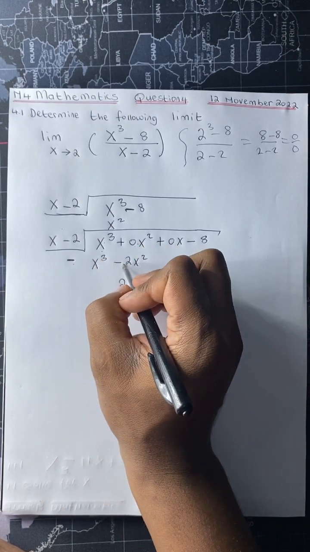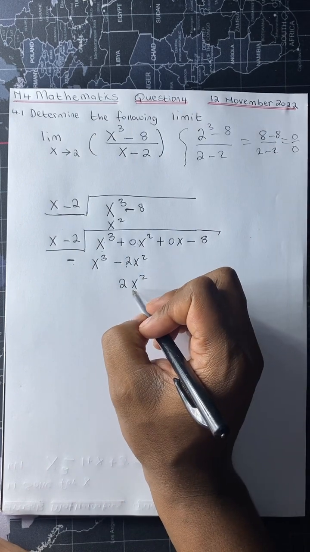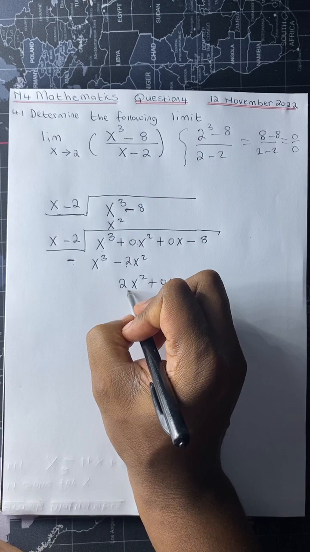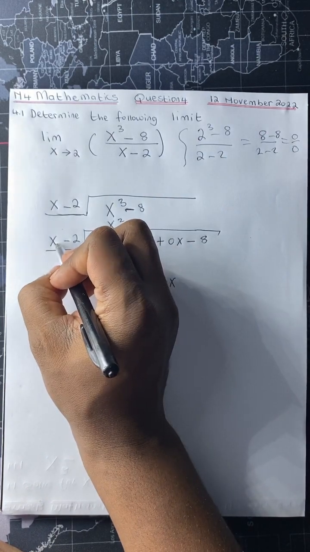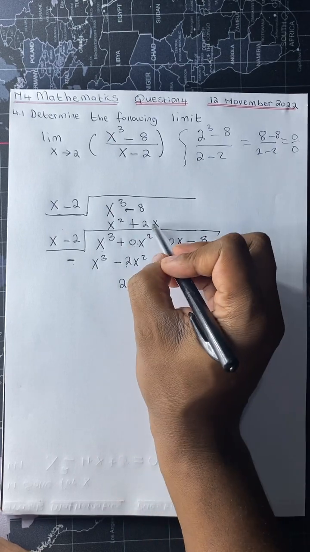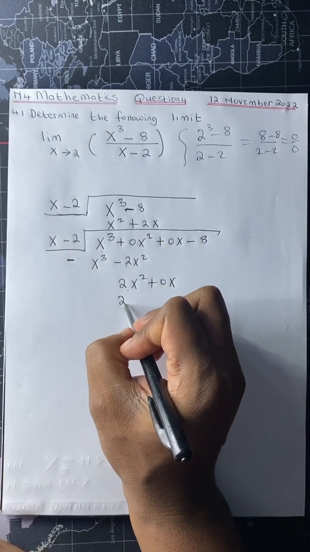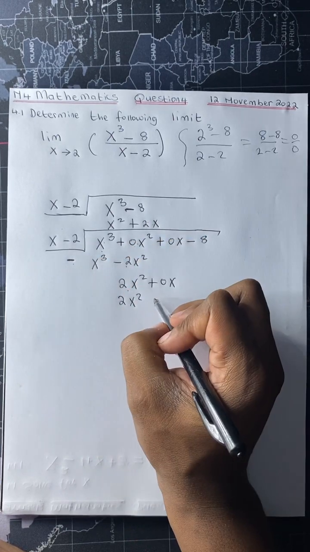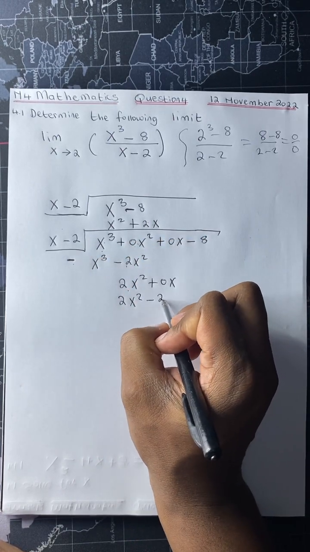From here, we bring down that 0x. So 2x squared divided by x will be equal to 2x. And 2x multiplied by x will be equal to 2x squared. 2x multiplied by negative 2 will be equal to negative 4x.